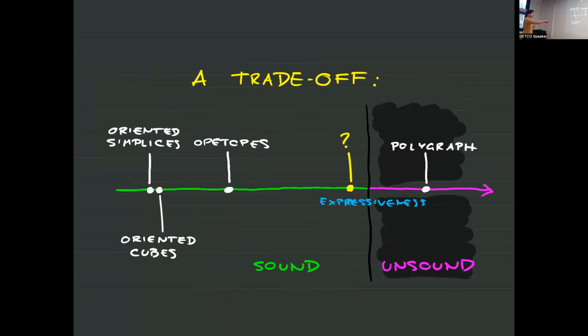So what I'm trying to suggest is that there is this trade-off where we can have topologically sound models of directed cell complexes, which are not expressive enough. But if we go too far into expressiveness and consider polygraphs, then we end up being topologically unsound. And so the approach that I've been trying to take is to see how far we can push expressiveness while staying on this side of the soundness divide.